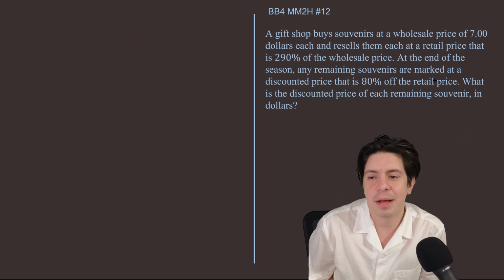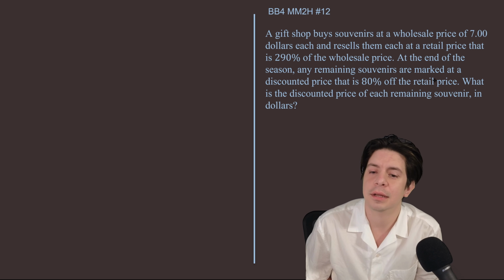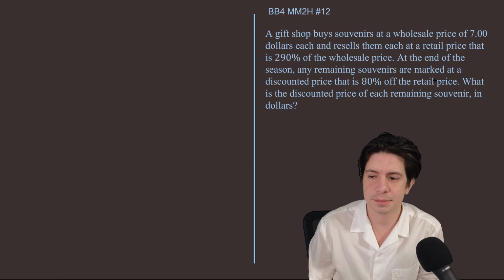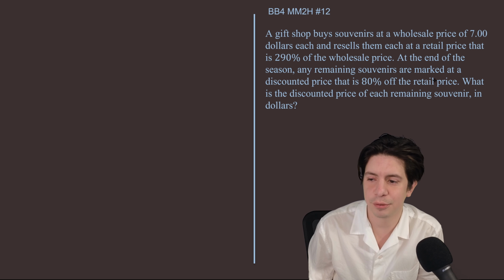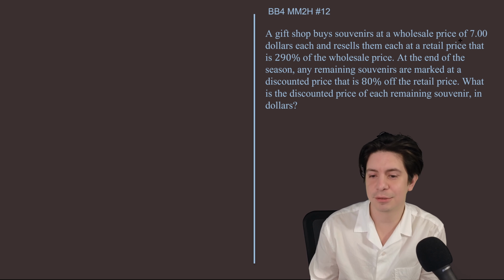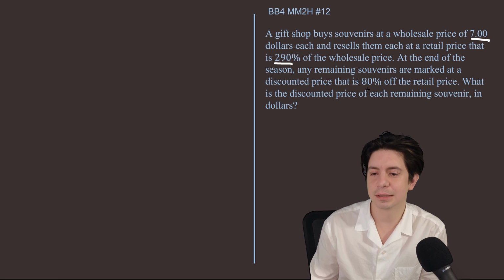A gift shop buys souvenirs at a wholesale price of $7 each and resells them each at a retail price that is 290% of the wholesale price. At the end of the season, any remaining souvenirs are marked at a discounted price that is 80% off the retail price. What is the discounted price of each remaining souvenir in dollars? So we have $7, 290% of, which is multiplication, and 80% off.